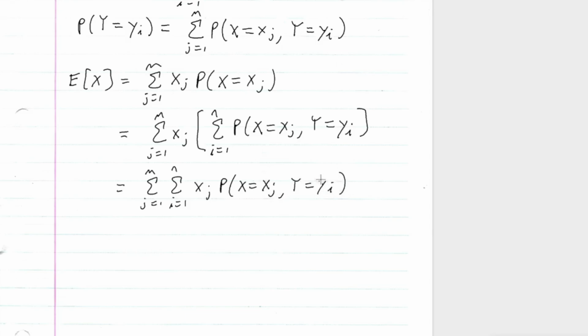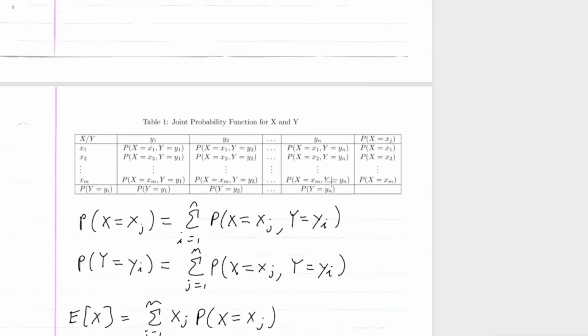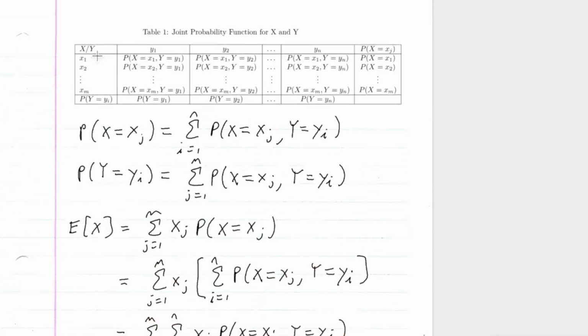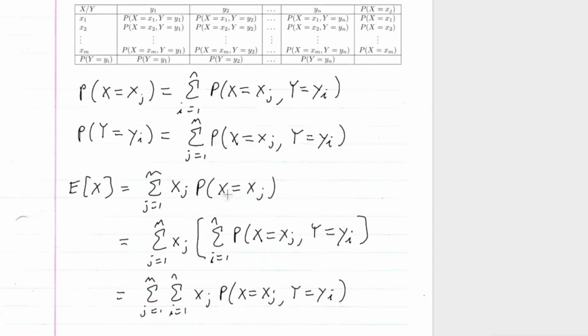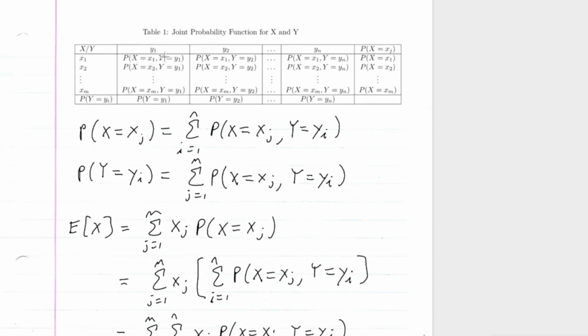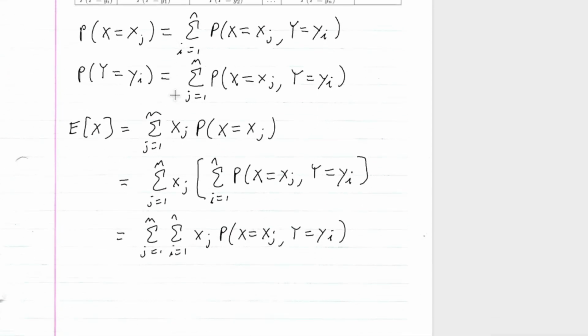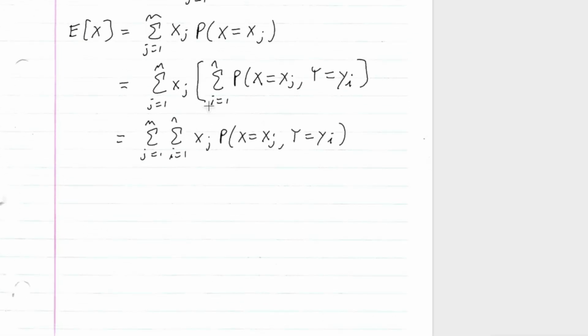Literally, we're multiplying x sub j, whichever one we choose, times these probabilities, and we're adding all of these probabilities together. We're multiplying every single one by x sub j, whichever one it associates with. So that is the expected value of X.